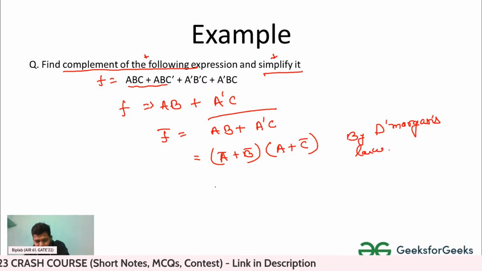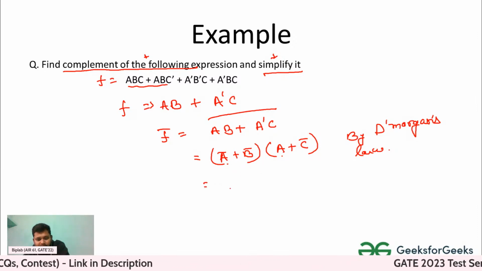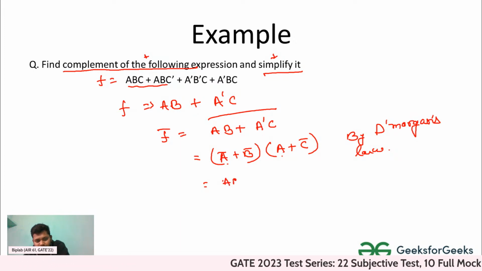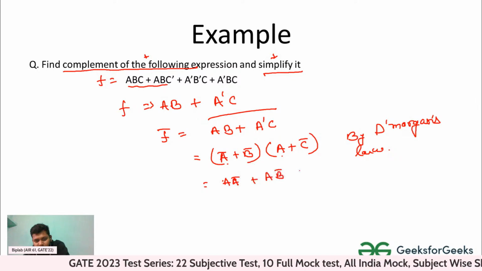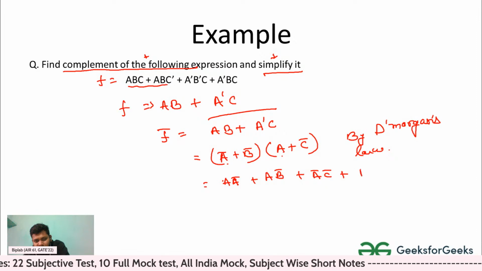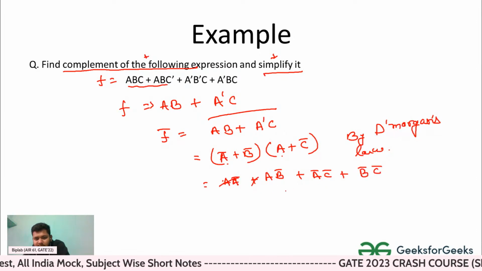So if we multiply this A with A bar, which is 0, plus AB bar plus A bar C bar plus B bar C bar. Simply this is 0, so you can neglect this one.